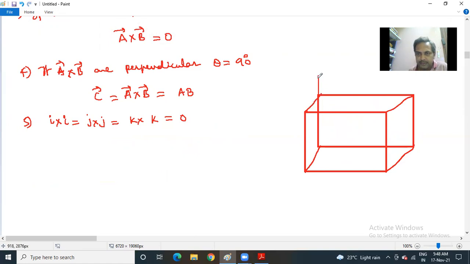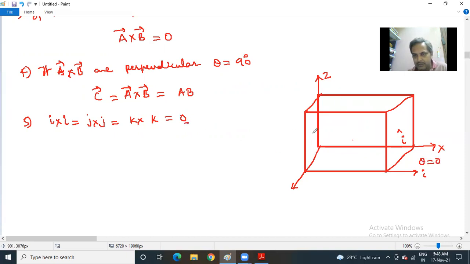This you take Z axis, this you take Y axis, this you take X axis. So therefore I and this is also I, these are parallel. So theta will be 0, it vanishes.